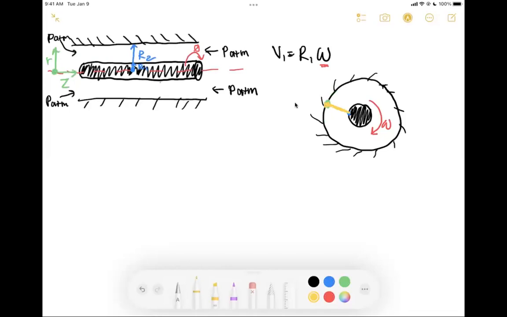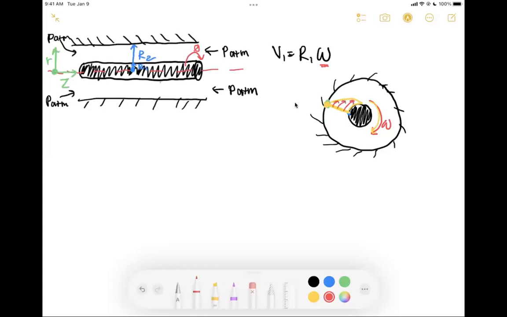So then as this solid shaft in the middle is moving in this direction, as I mentioned before, this point is also going to be moving in this direction. So then you're going to end up with a velocity profile that looks like this. And I'm just going to draw the arrows with red. So it's going to be moving in this direction.